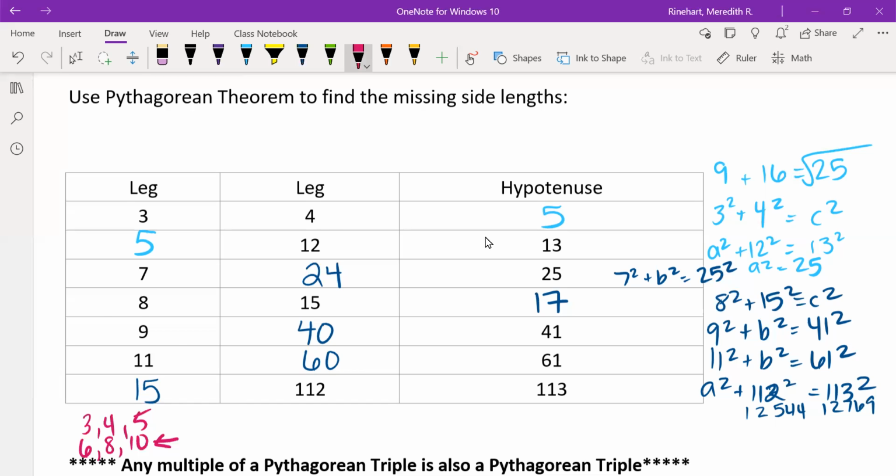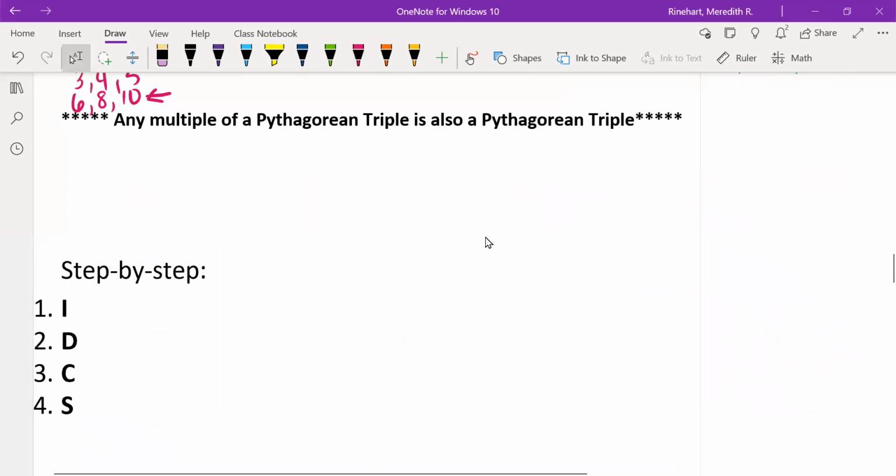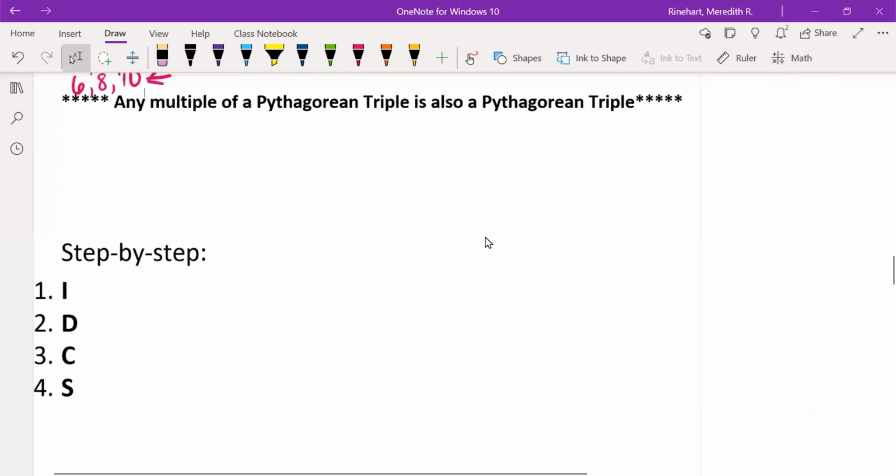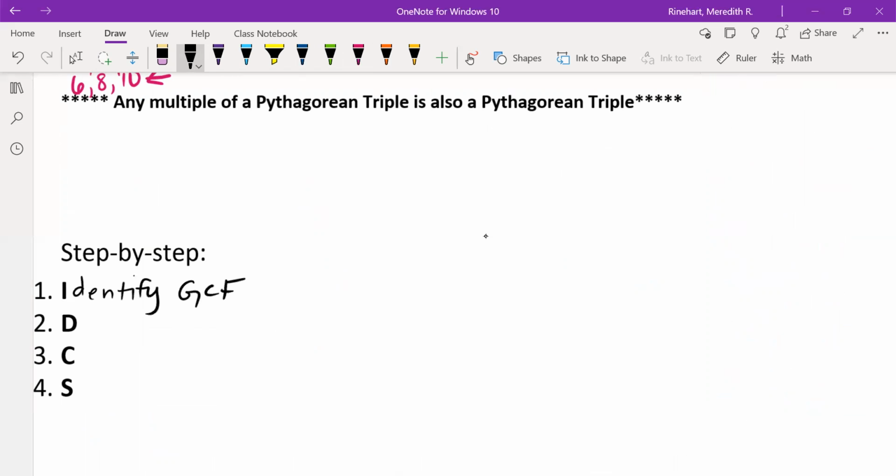Keep going here, let's look at step by step how we can solve these Pythagorean triple and Pythagorean theorem problems. The first thing we're going to do is identify our GCF, if we have a GCF. If we have a GCF, we're going to divide all lengths by that GCF.